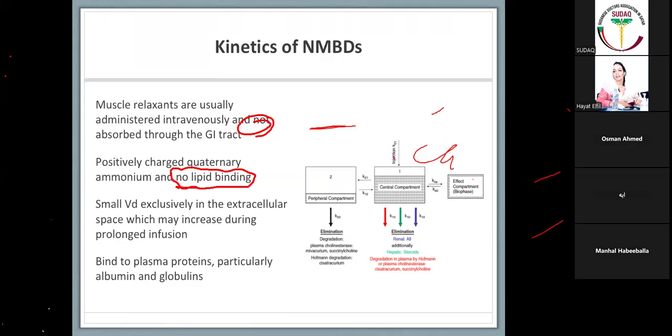There is another factor: during inflammation, alpha-1 acid glycoprotein also comes into action, and it will result in a decreased free fraction of those muscle relaxants in the plasma. So their action will be reduced. You can imagine that if you want to apply this clinically in a situation of inflammation and infection, you might need a larger dose of muscle relaxant.